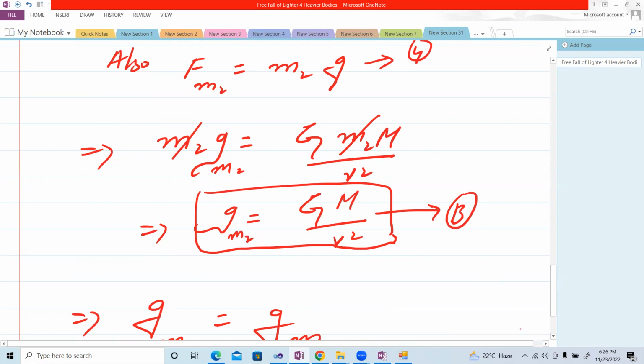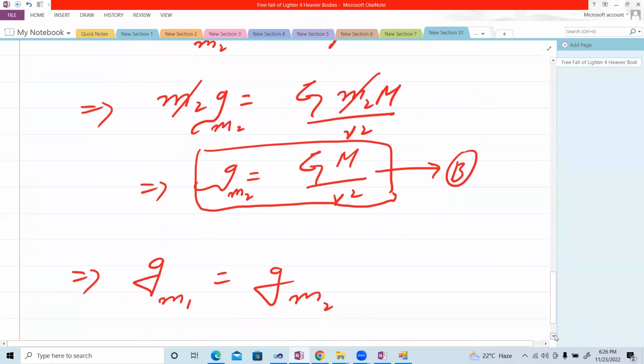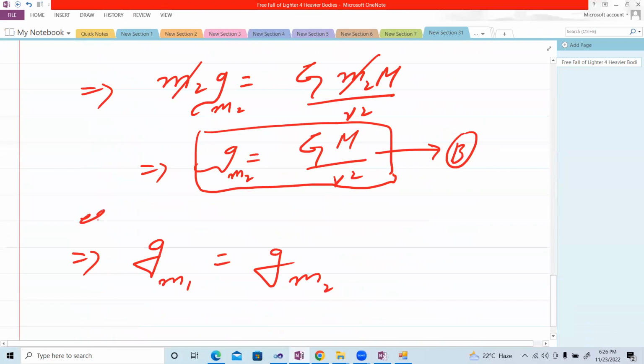So comparing the right sides of equations A and B implies that g m1 is equal to g m2.